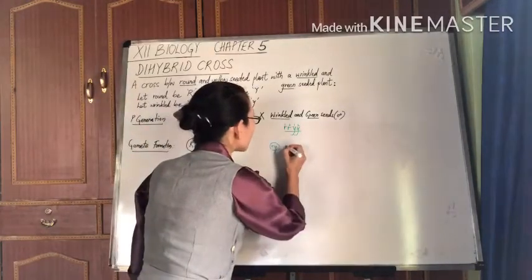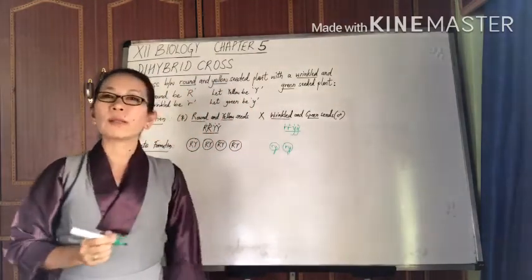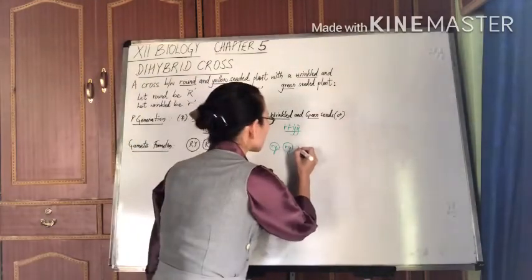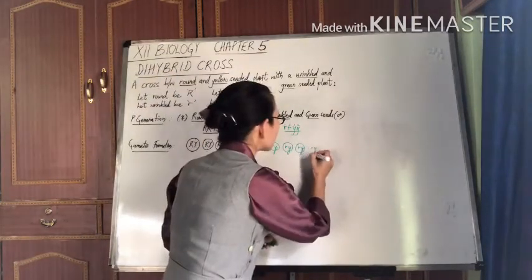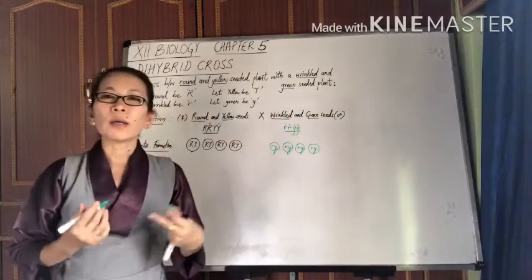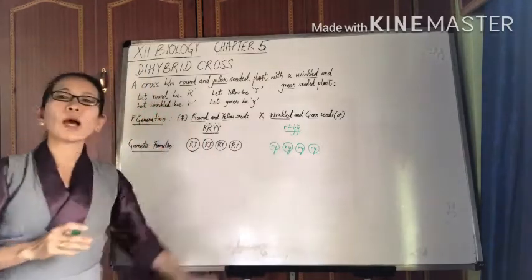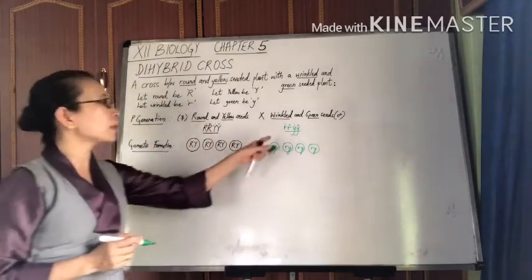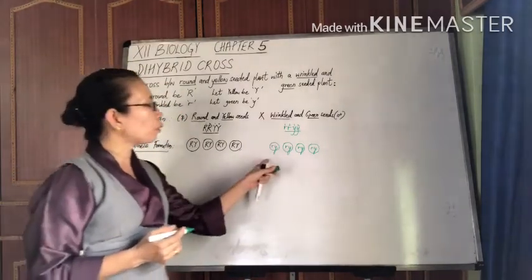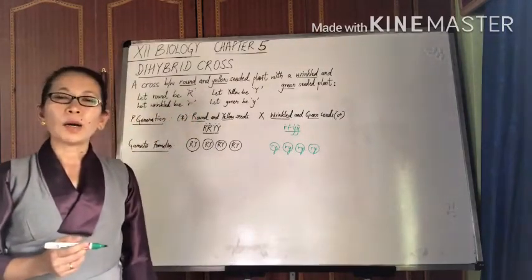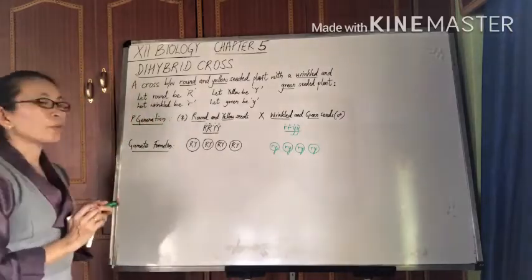Then the first r going with the second y, the second r going with the first y, as well as the second r going with the second y. All of these are possible combinations of gametes. So again we have 4 possible gametes, but because wrinkled green is a homozygous genotype, we always get 4 identical male gametes. So this is the step of gamete formation.